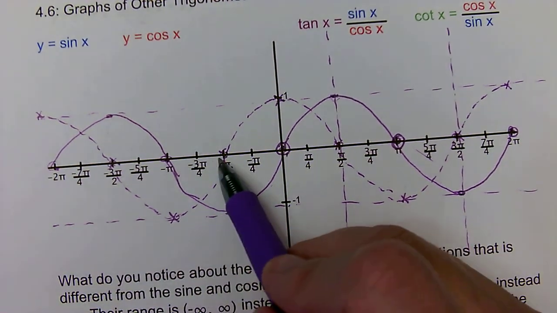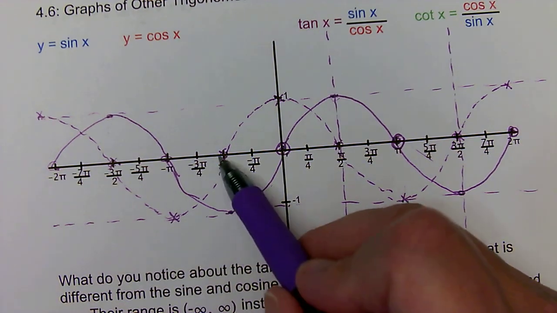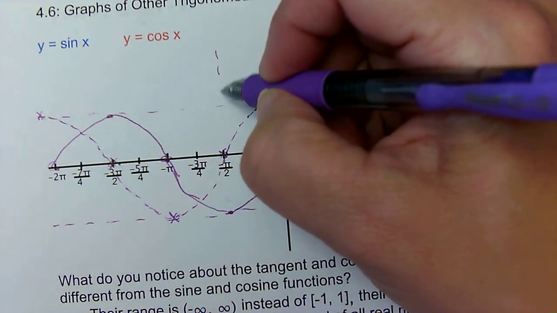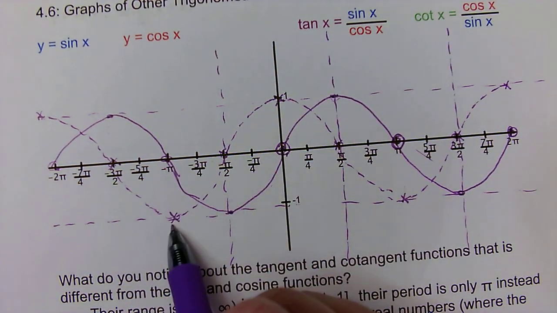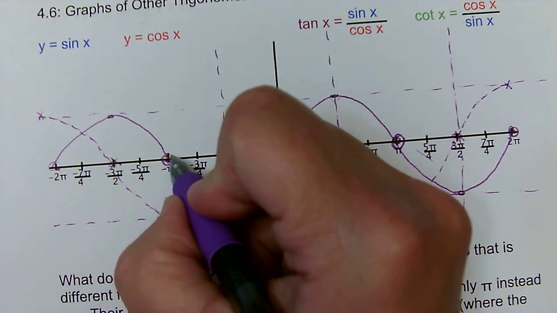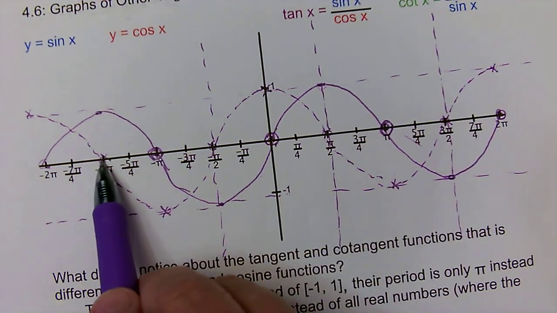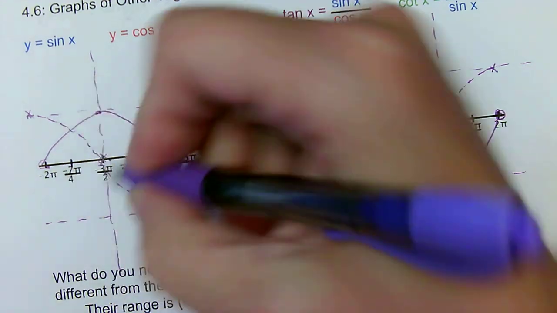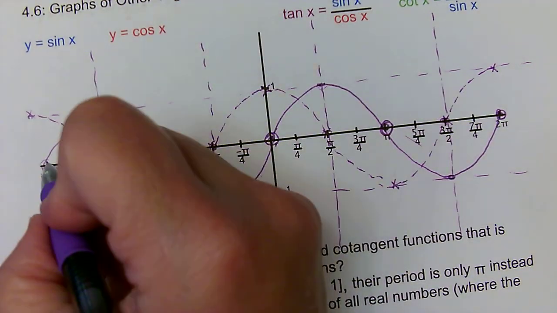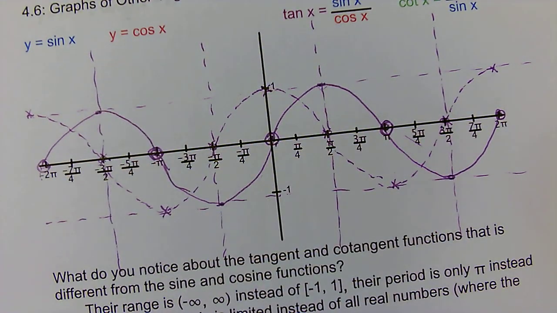If I go backwards, here I have negative 1 over 0, so it's undefined. Here it's 0 over negative 1, so there's a point for tangent here. Here it's 1 over 0, so it's undefined again. And here it's 0 over 1, so it would be back to 0 again.